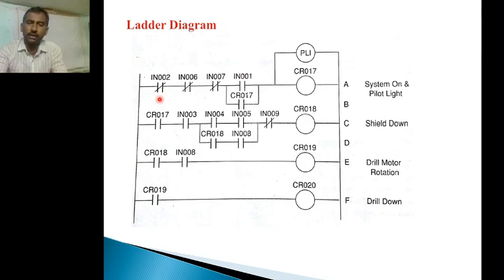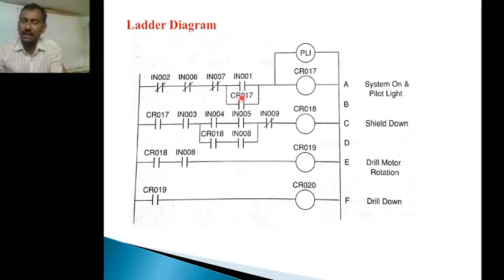Then we can provide one path for the output. That path is nothing but CR017. So when CR017 is on, wherever the CR017 contacts are there, those will be on. Here we have CR017, and here we have CR017. So when CR017 is on, these two contacts are on.